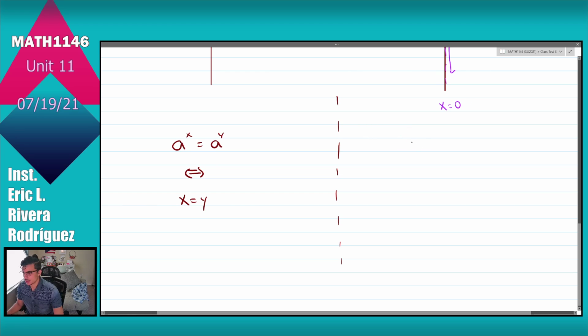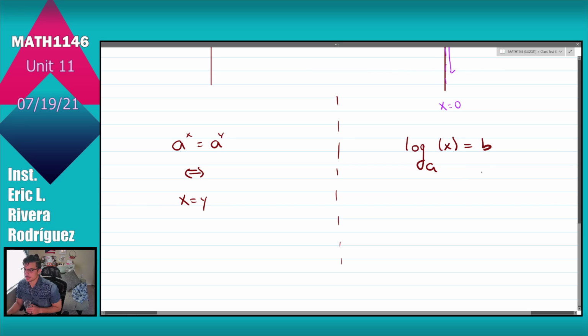Okay, so now the property that we are going to use to solve equations with logarithmic functions is the following.